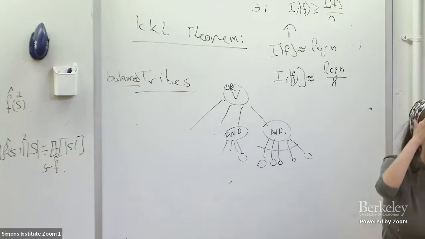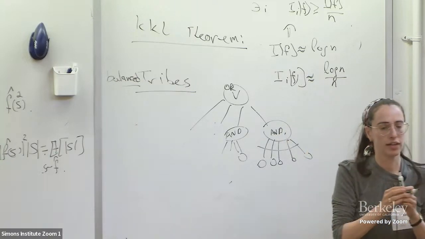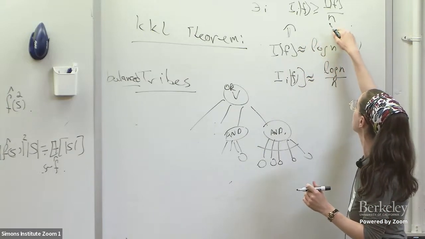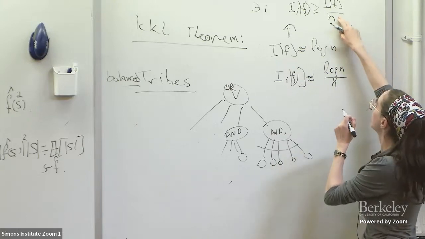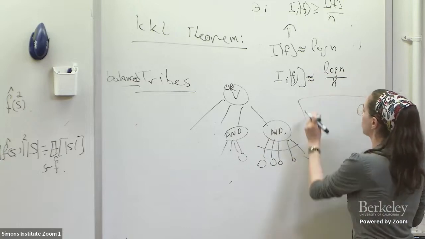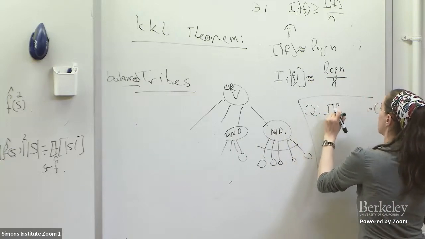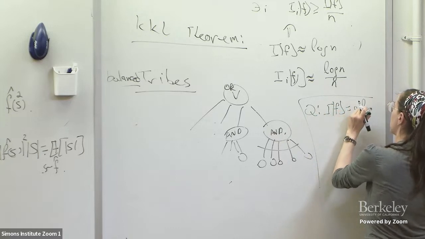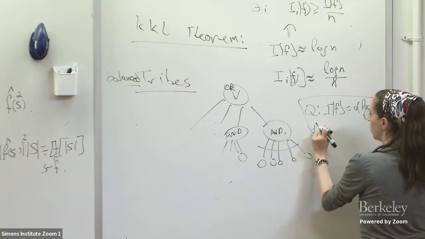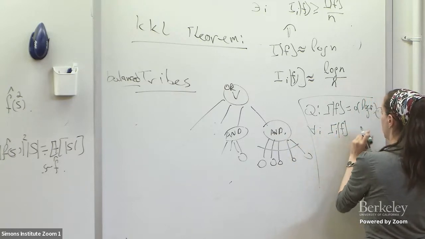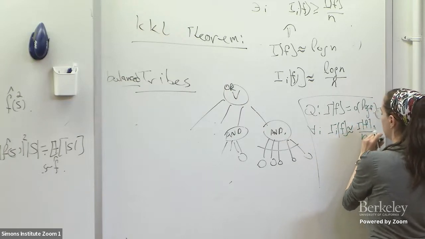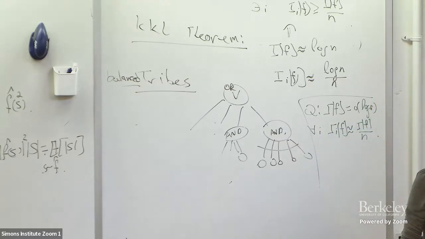And the question asked is whether it's possible to have a smaller total influence and all the influences very small. Let's say the total influence is little o of log n, sorry. Is it possible that all the influences I_i(f) are about the total influence over n, that they are all small together?